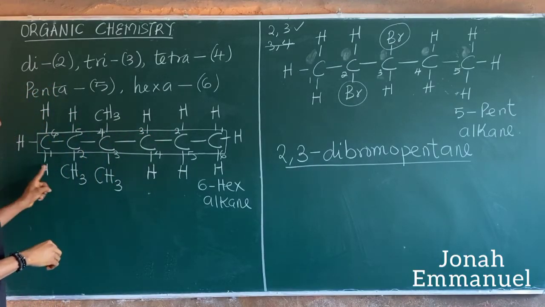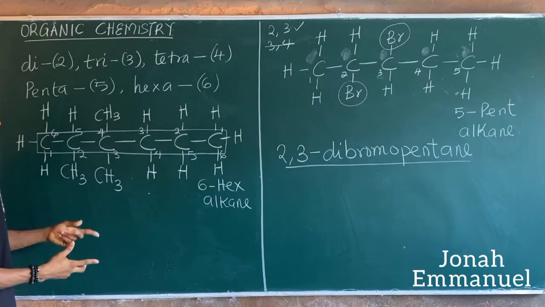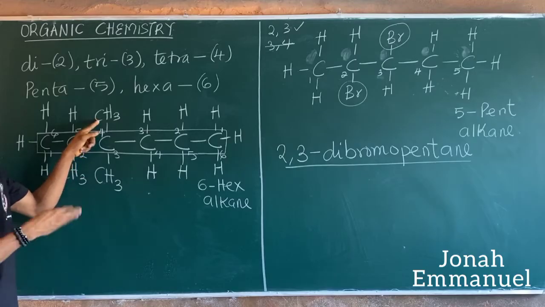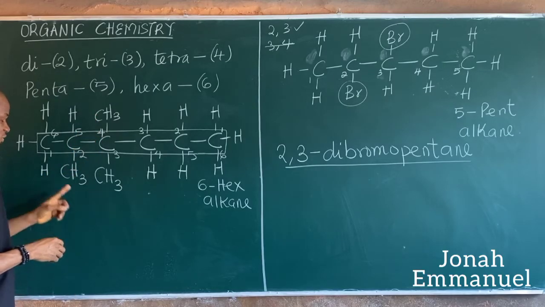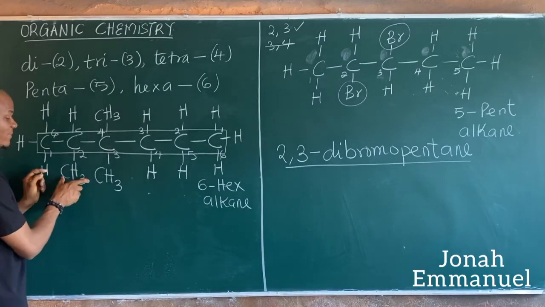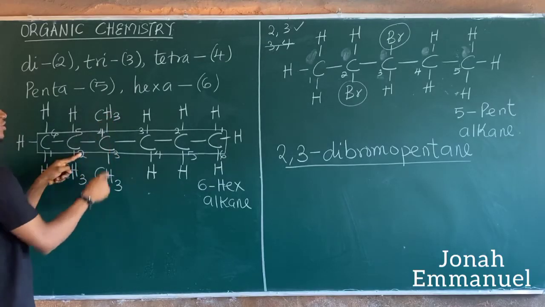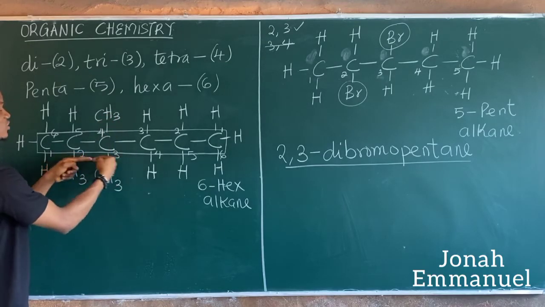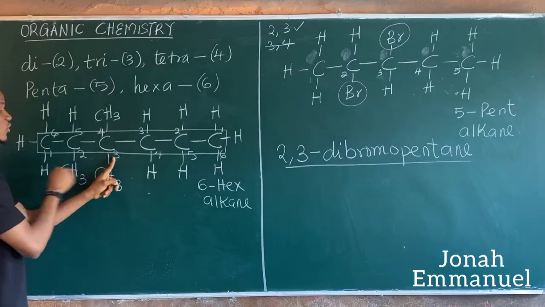Alright, so if I go with lower number now, I have 3 substituents here, and they are the same thing. They are all methyl. So if I go with lower number, I can see 2 and 3. So this particular methyl occurs at carbon 2, while these 2 other methyls occur at carbon 3. That's using my lower numbering. So then the position becomes 2, 3 from lower numbering.